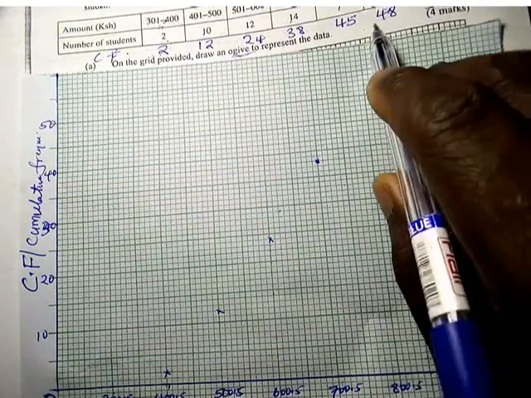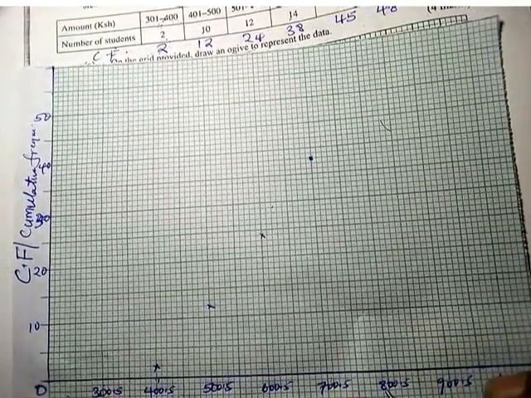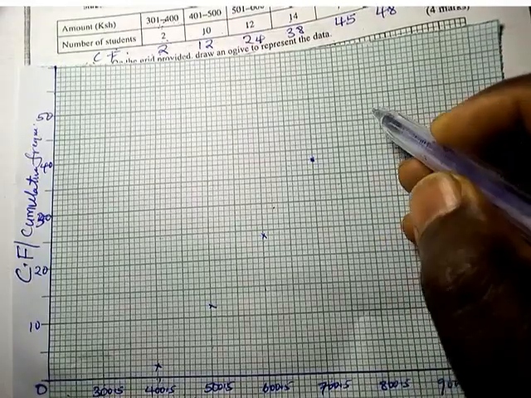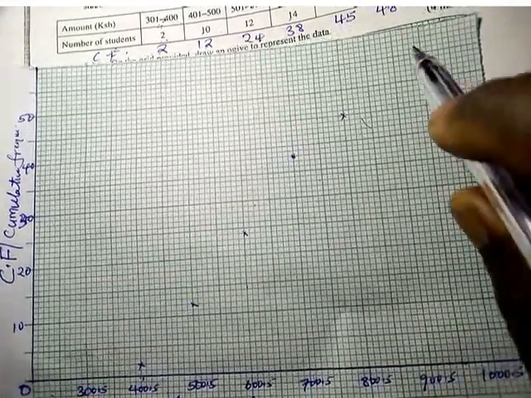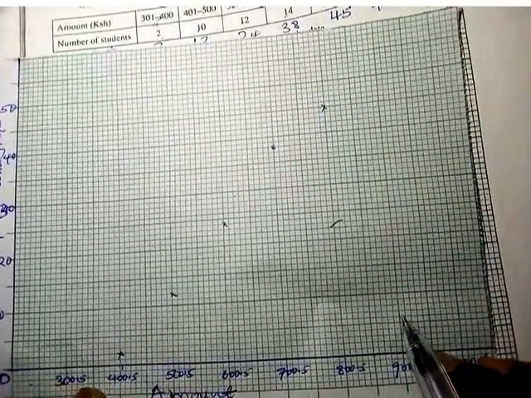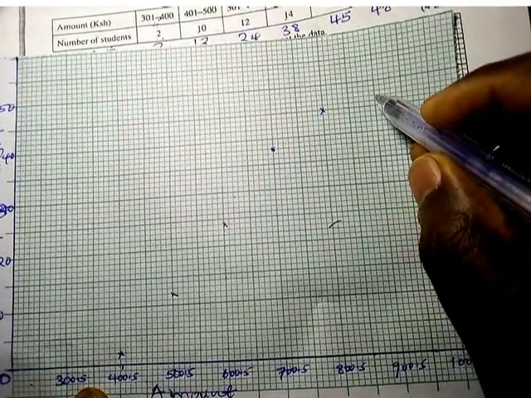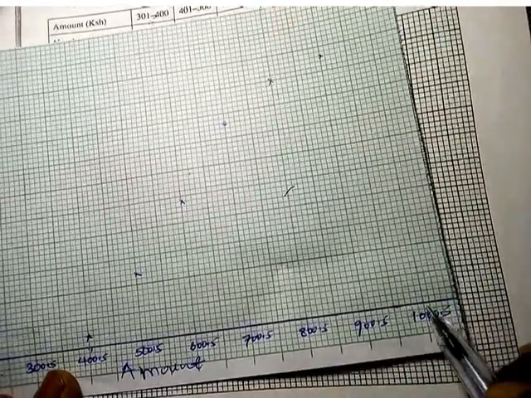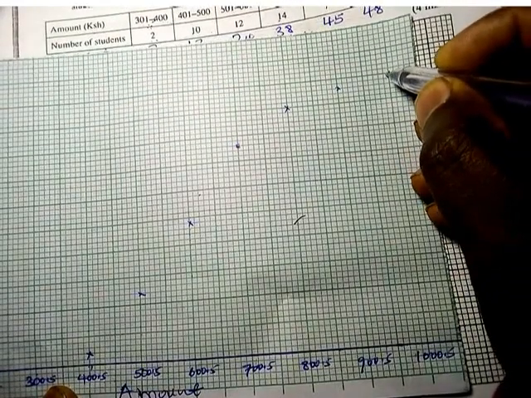And then 800 is 45: 40, 45 here. And then 900, 48: 45, 46, 47, 48 there. And then 1000.5 there.